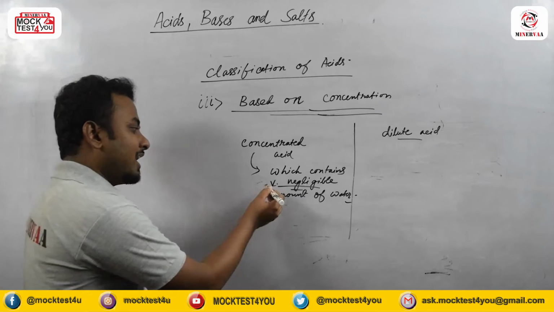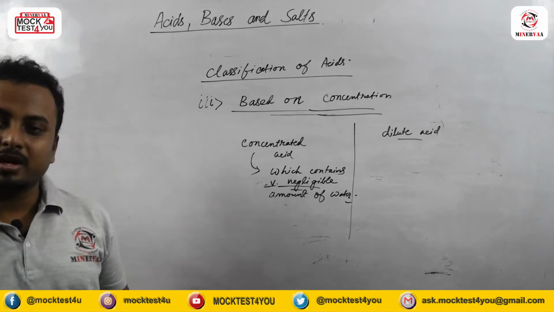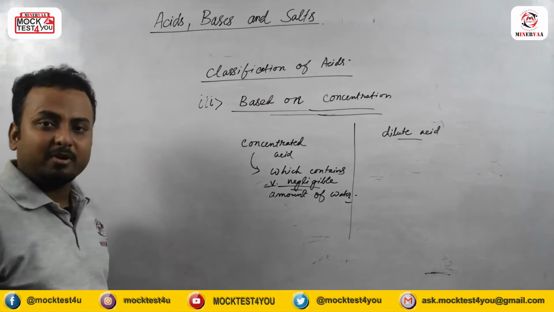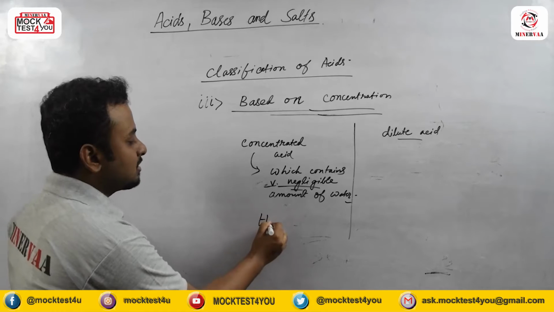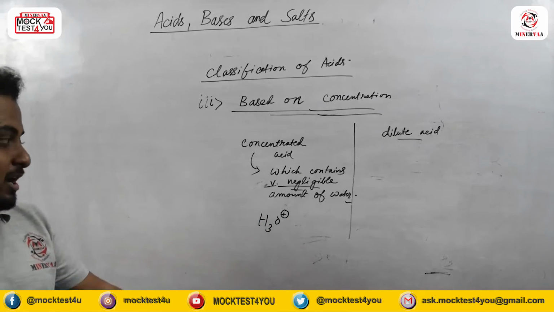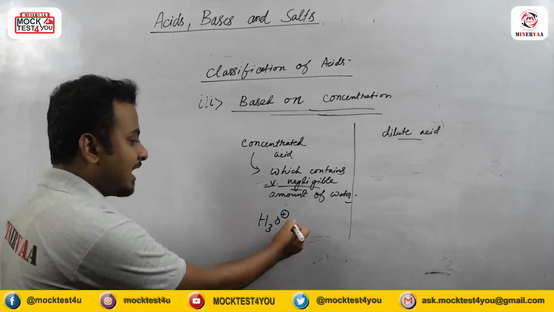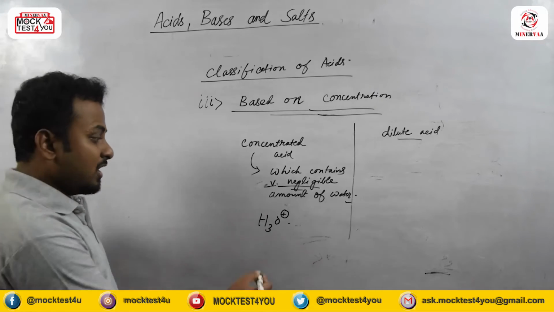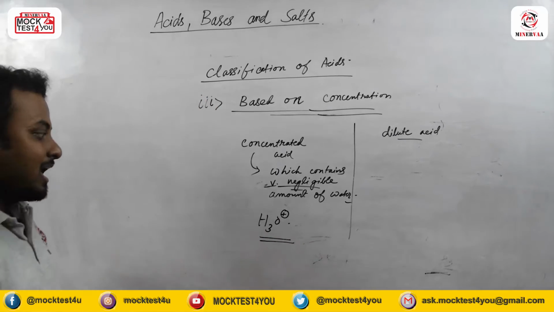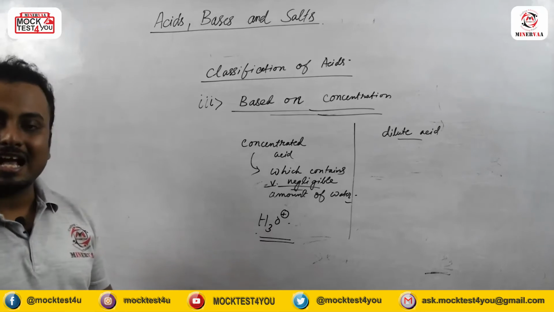Why is a small amount of water also needed? Because in absence of water, H3O plus ions will not be formed, right? In presence of water, these hydronium ions are formed. So if water is not present, these ions will not be formed, and accordingly acids cannot behave as acids.